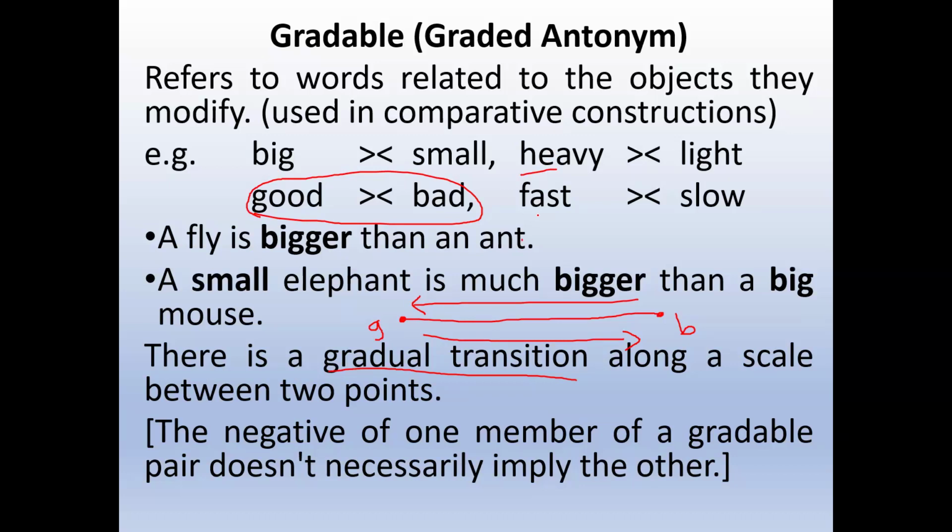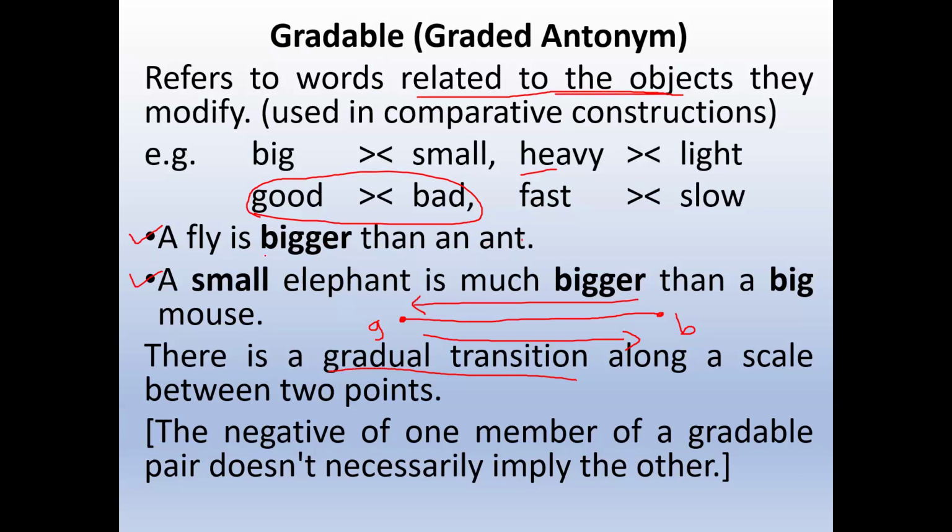Right? Gradable antonyms. The other characteristic is that they refer to words related to the objects they modify, which means they can be used in comparative constructions. Look at these two sentences. A fly is bigger than an ant.